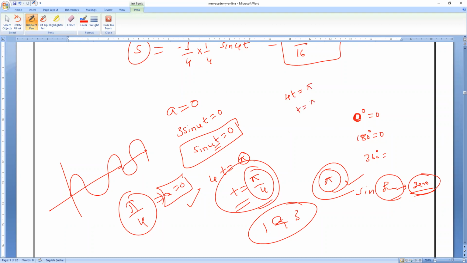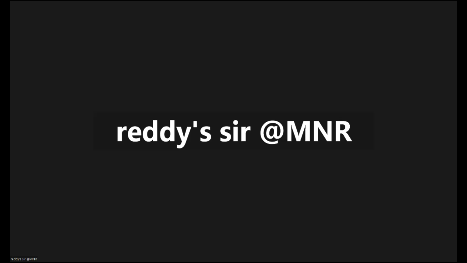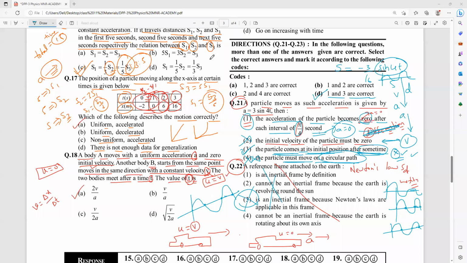Then the time interval is equal to pi by 4. So it is true. So a becomes 0 after every pi by 4 of time. That is why option B is correct. 1 and 3 are the correct answers. Okay, everyone? Clear?